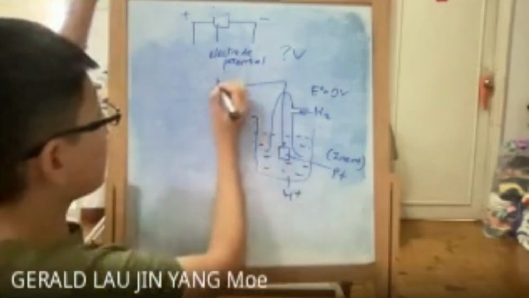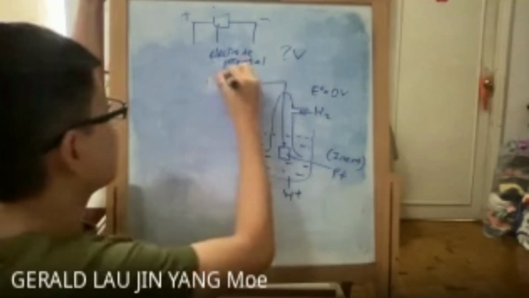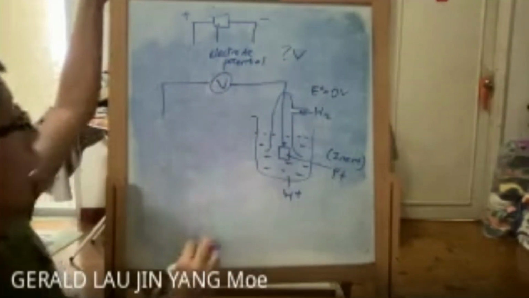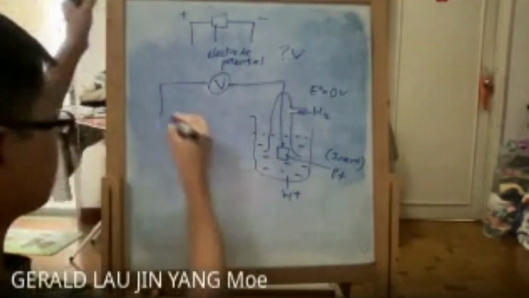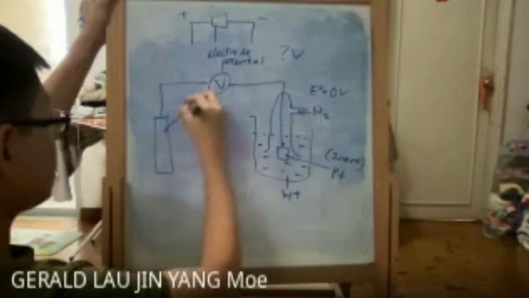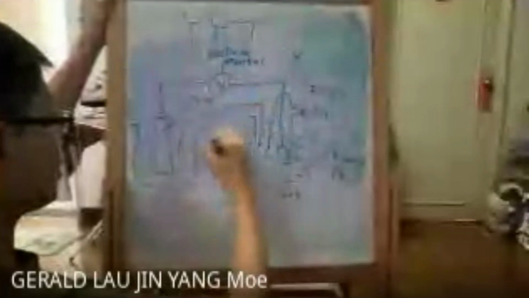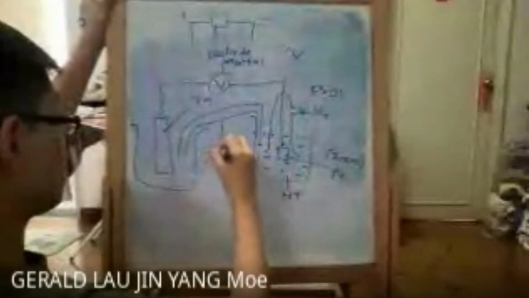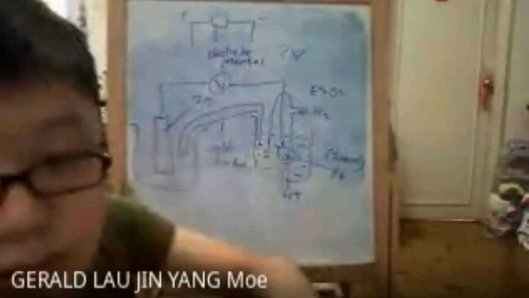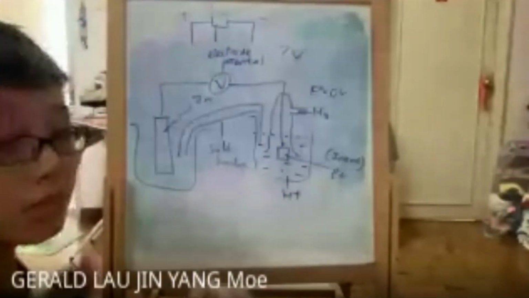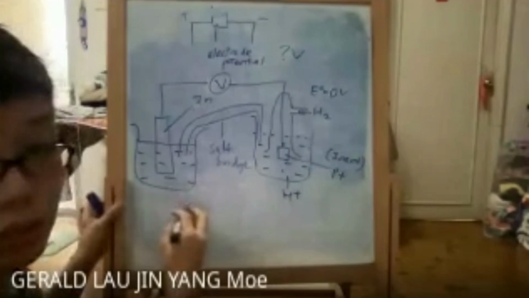Now the voltmeter. Sorry, I drew the wrong symbol. The voltmeter should be like this. Now, how do I determine the E naught of this metal? Let's say here, zinc. Another half cell, with a salt bridge. This one will contain zinc ions, because if zinc is here, it must be zinc ion.